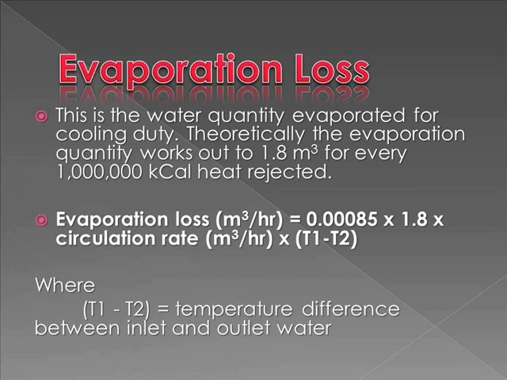The formula for evaporation loss in cubic meters per hour is equal to 0.00085 times 1.8 times the circulation rate in cubic meters per hour times the difference of T1 and T2, where T1 minus T2 is the temperature difference between inlet and outlet water.